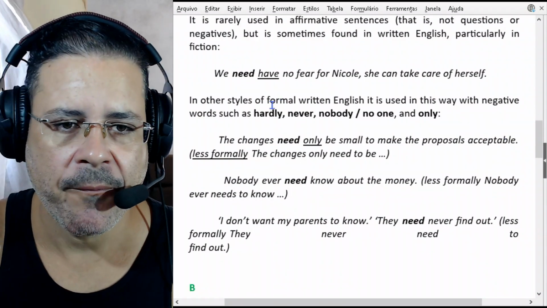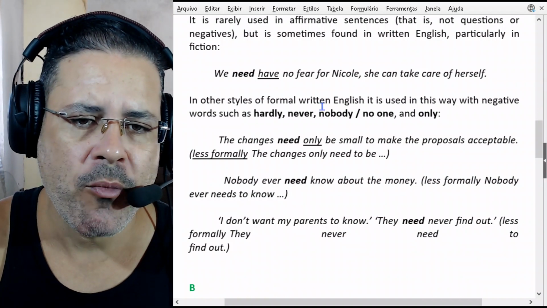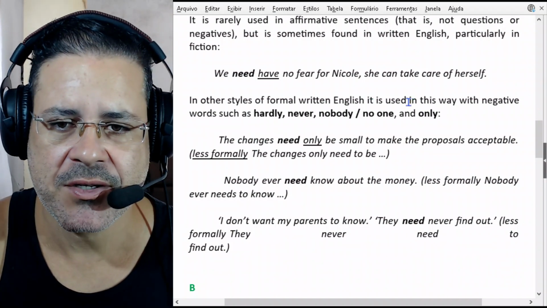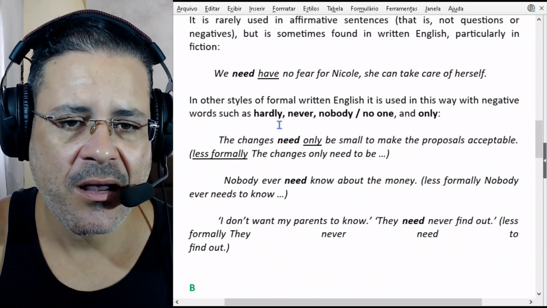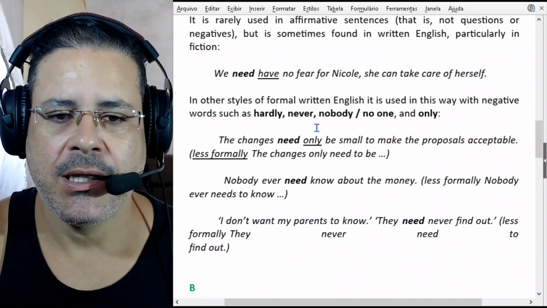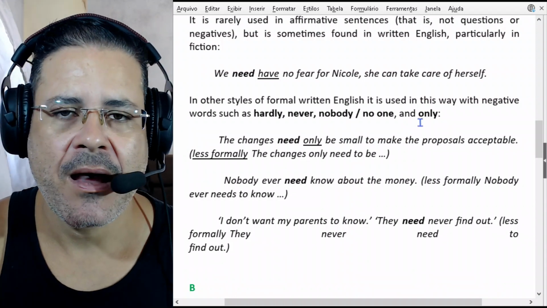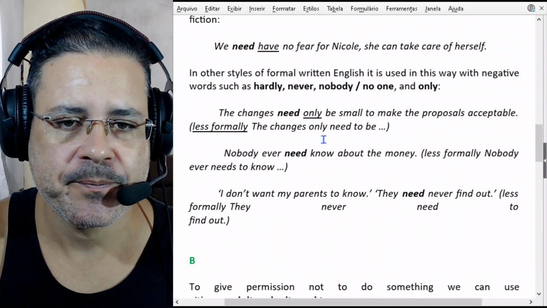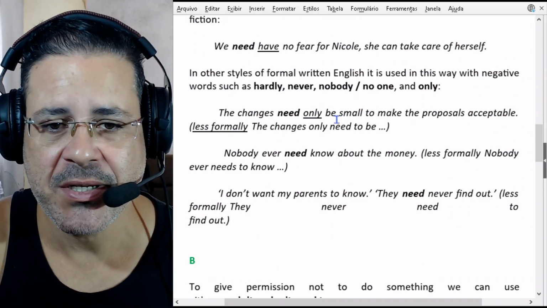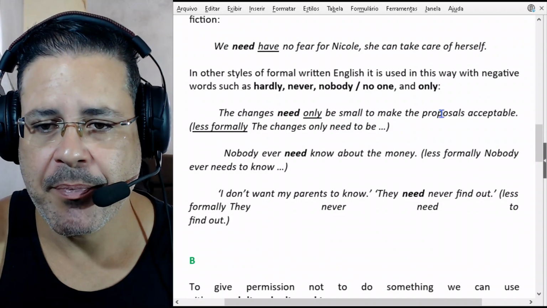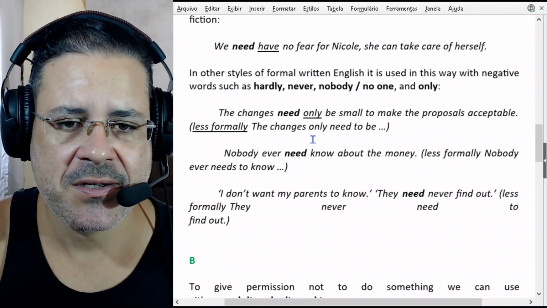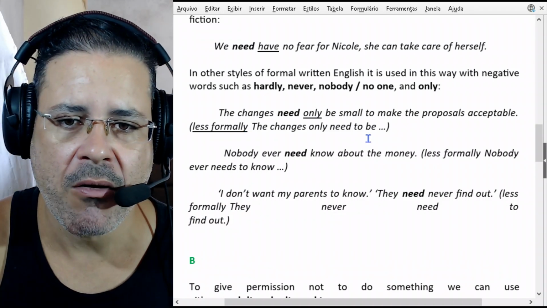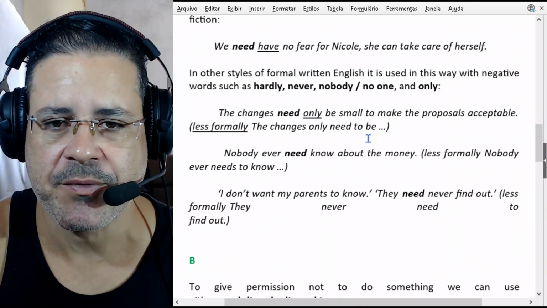Okay, moving on. In other styles of formal written English, it's used in this way with negative words such as hardly, never, nobody, no one, and only. For example, the changes need only be small to make the proposals acceptable. Less formally, the changes only need to be small to make the proposals acceptable.